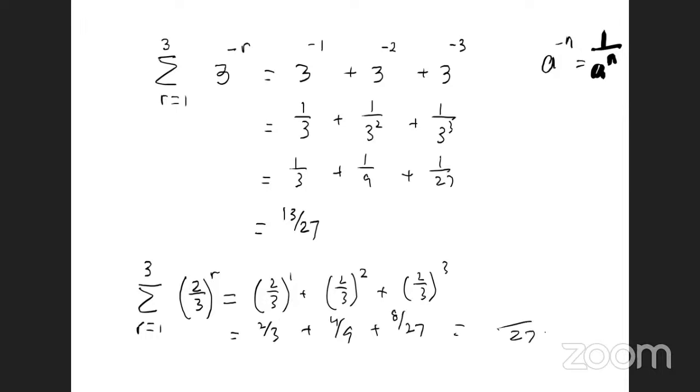Right? So most answers are saying it is 38 on 27. Right, good. So we have an idea about this notation, before I show you series and APs and GPs.